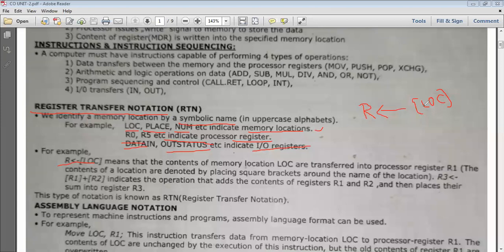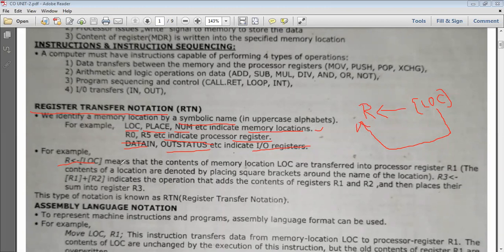The contents in that memory location. The contents in that memory location are moved to the register R, depending on the arrow mark. Whatever the contents in this location are moved to register R.